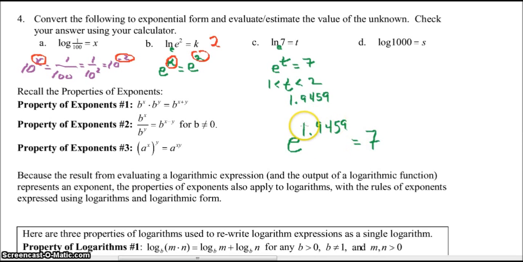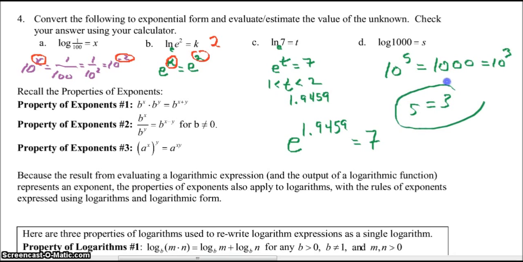It's actually, this number is rounded off, so I don't think you'll get exactly 7. But the exact answer is natural log of 7. That's the exponent that we would raise e to get 7. Let's see, 10 to the s equals 1,000. I know that's 10 cubed, so s is equal to 3. You type that in your calculator, you can find the same answer.